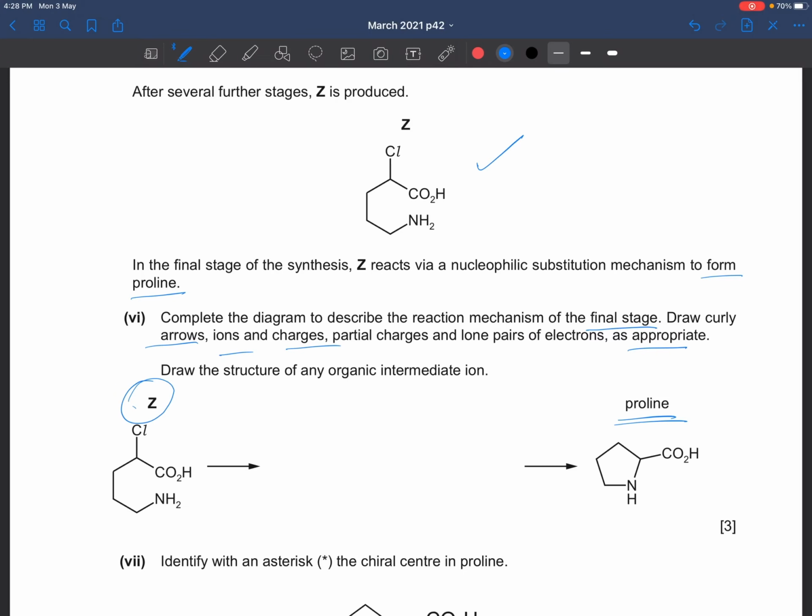So what happens here is that this nitrogen has a lone pair. This carbon has partial positive and chlorine has partial negative. So nitrogen will transfer its lone pair. This is nucleophilic substitution. Cl would gain this electron. When this nitrogen shares its lone pair with this carbon atom, we get this bond, right?